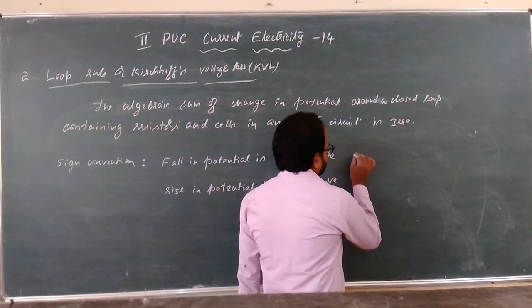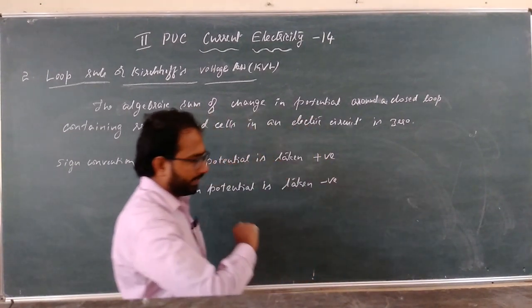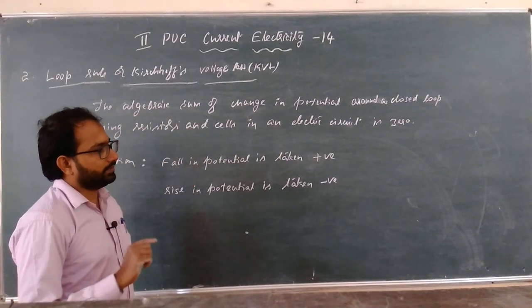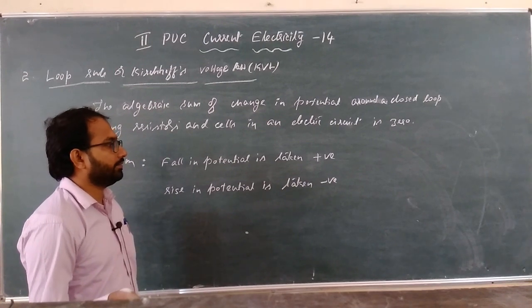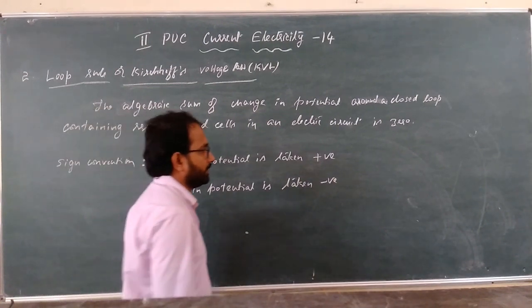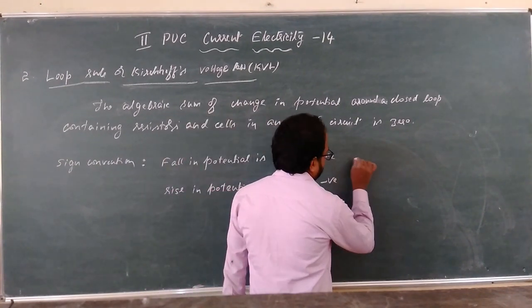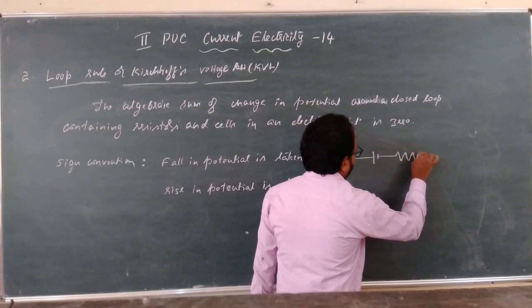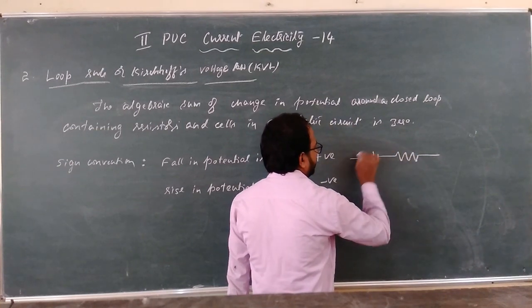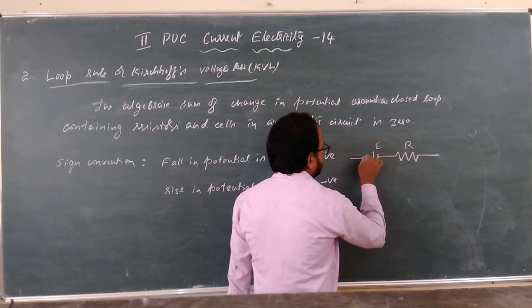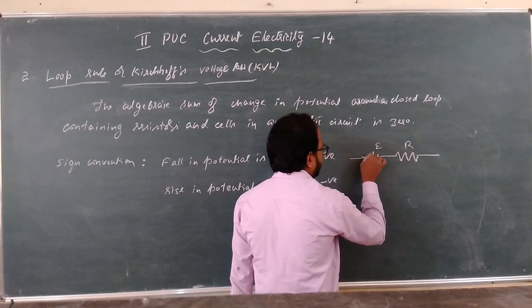Say first of all you have to choose the direction of traverse. Say this is a circuit where we have a cell of EMF E and a resistor R. Say the current is flowing like this.